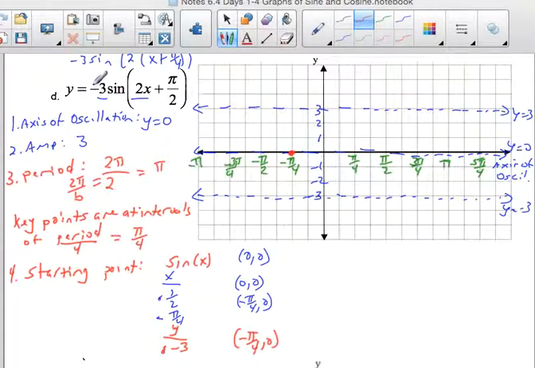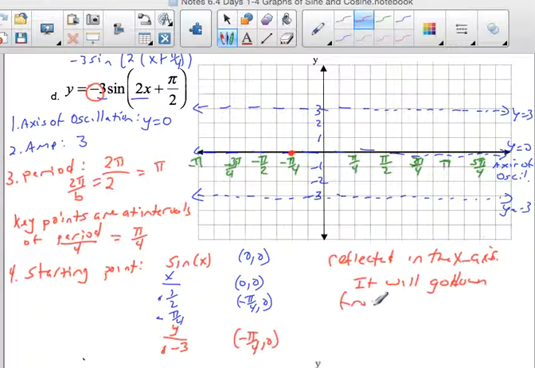But this graph is reflected in the x-axis, so it will go down from the starting point, from negative pi over 4 comma 0. Instead of going up here, I'm going to go down to the minimum. So I'm going to be at 0, negative 3.